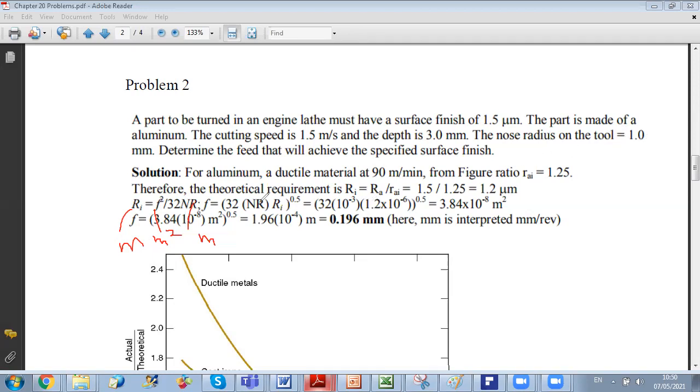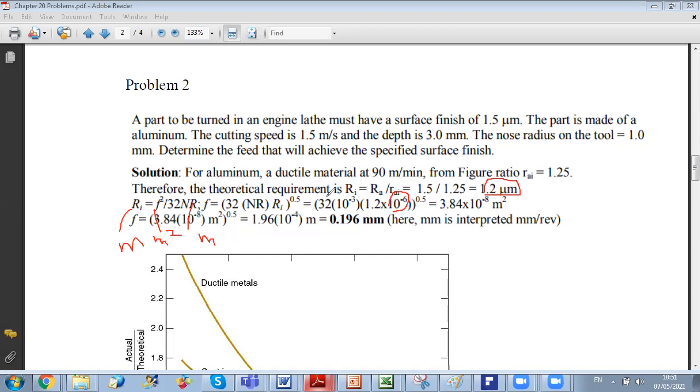And for the feed rate, which is to be calculated, for the roughness we calculated in micrometers, so to convert to meters we should multiply by 10 to the power minus 6.